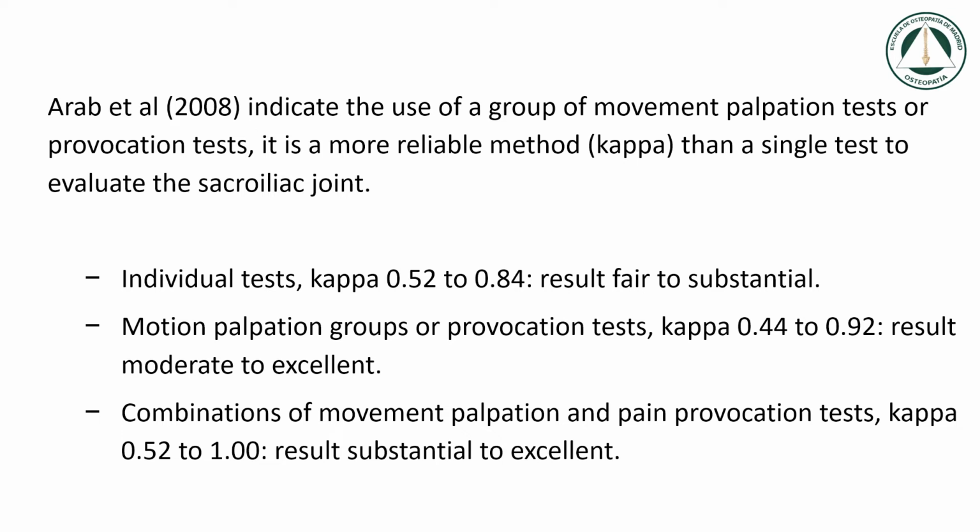Motion palpation groups, or provocation tests, kappa 0.44 to 0.92, result moderate to excellent. Combinations of movement palpation and pain provocation tests, kappa 0.52 to 1.00, result substantial to excellent.